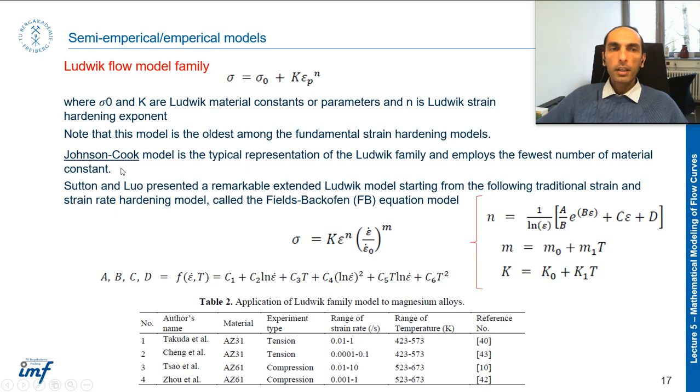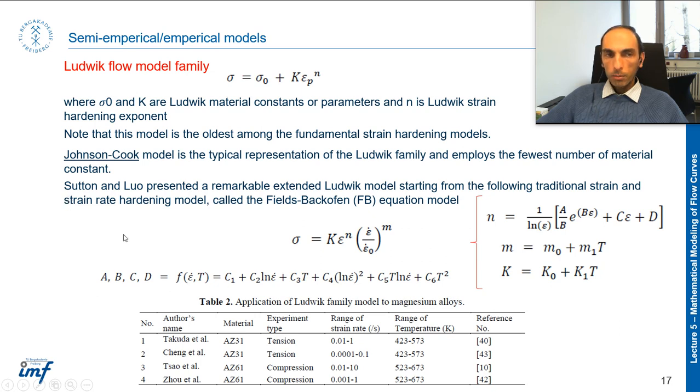And Johnson-Cook is a model which is developed based on this Ludwig model, but in Johnson-Cook, the model is a typical representation of the Ludwig family and employs the fewest number of material constants. So it's a kind of simplification applied in the Johnson-Cook model.